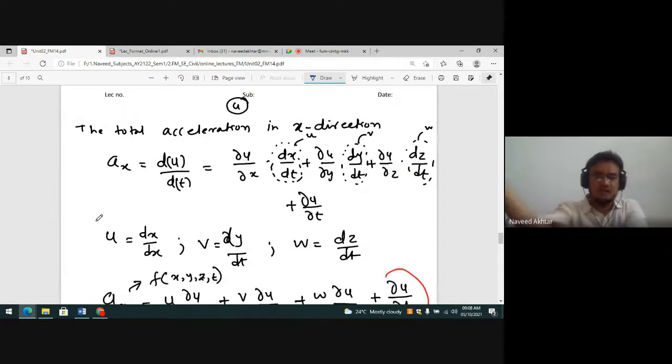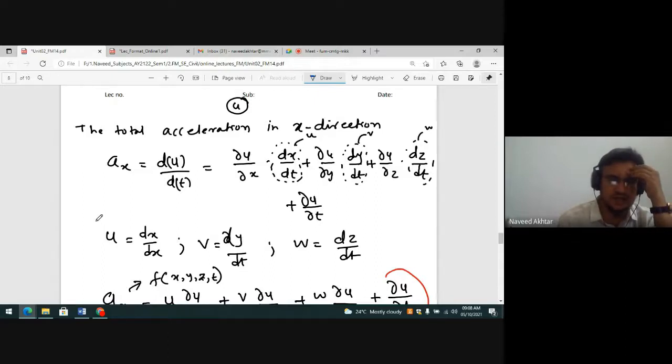Similarly, for the acceleration in x direction, you write ax equals dou u by dou t. The rate of change of velocity vector is called acceleration.